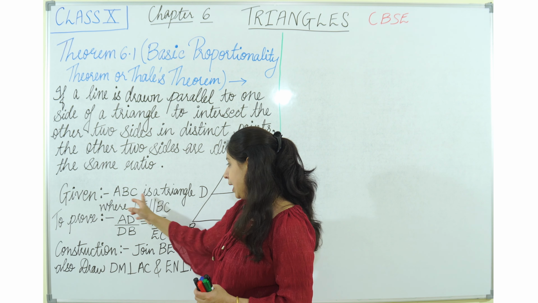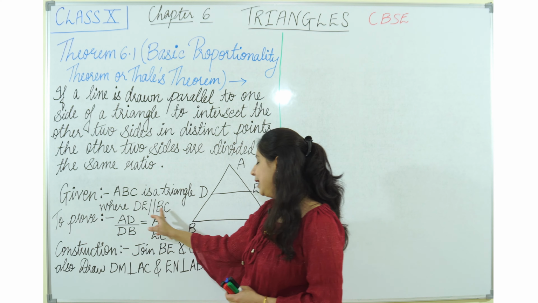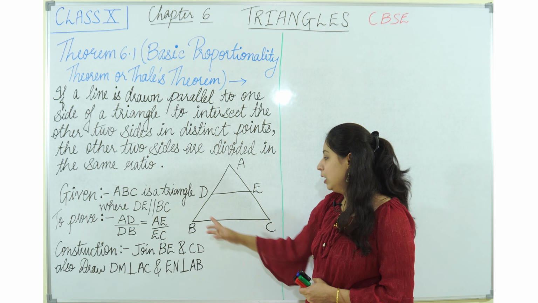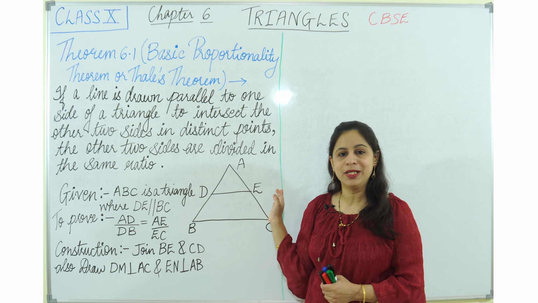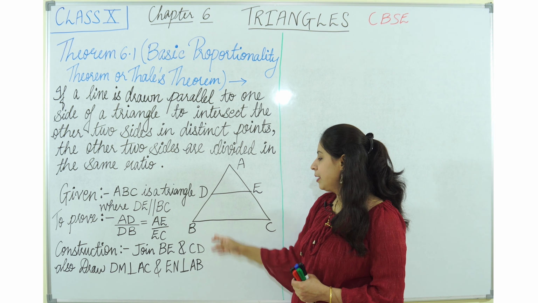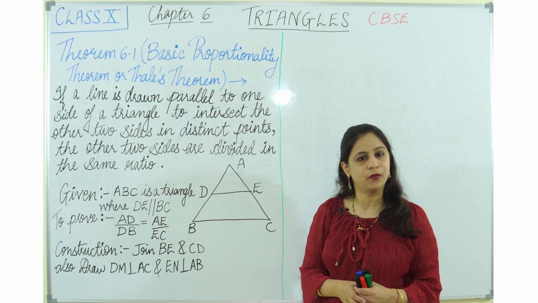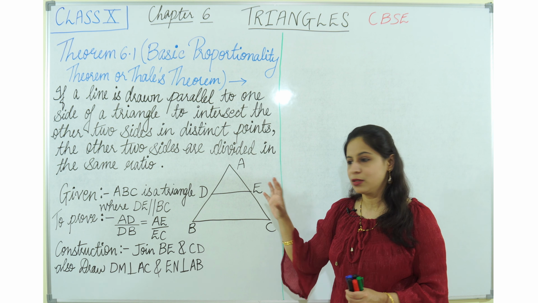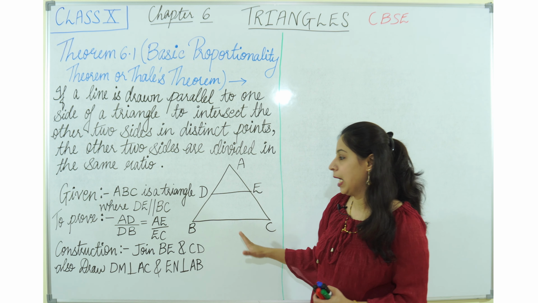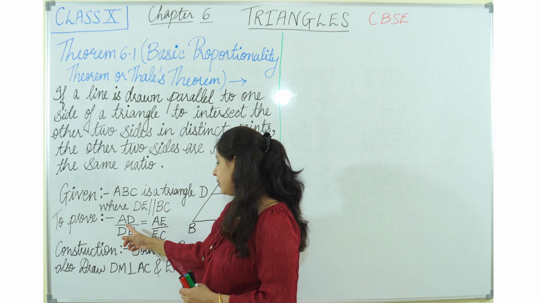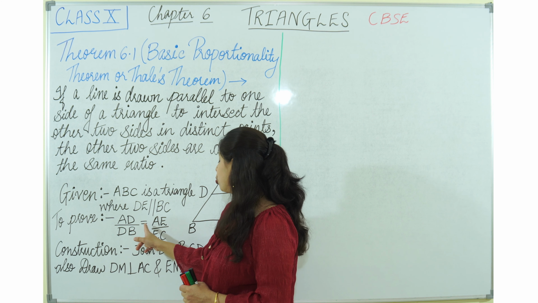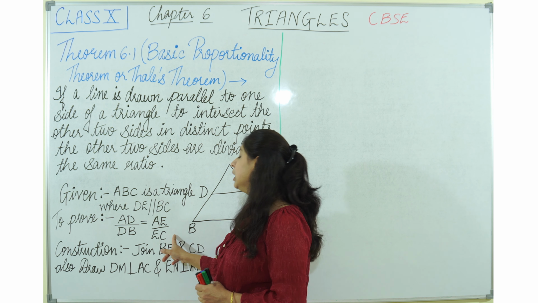We are given that ABC is a triangle where DE is parallel to BC, such that it intersects AB and AC at D and E respectively. We need to prove that AD upon DB is equal to AE upon EC.